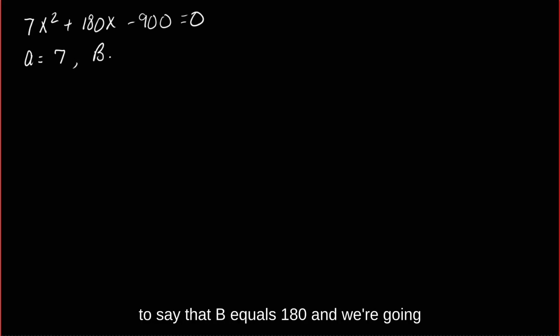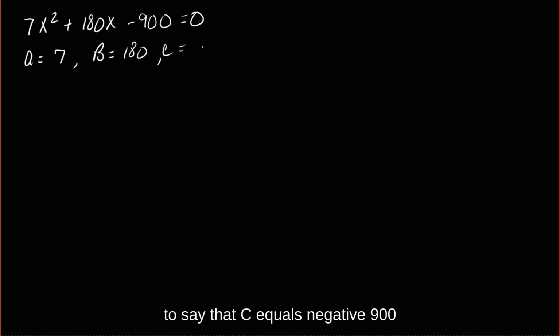Now we have it in quadratic format. A equals 7, B equals 180, and C equals negative 900.